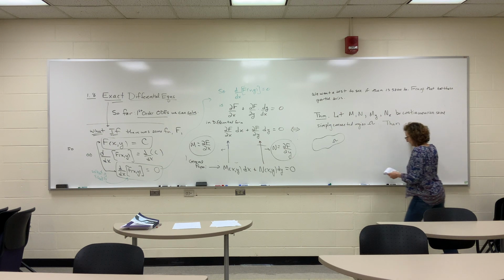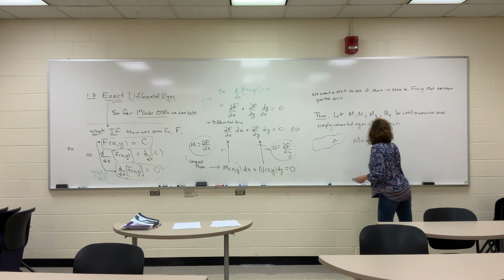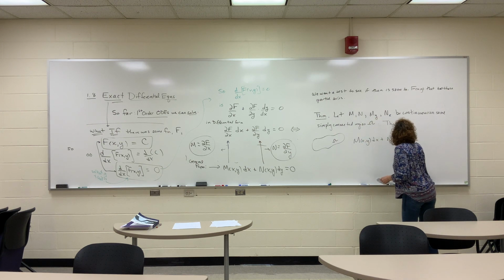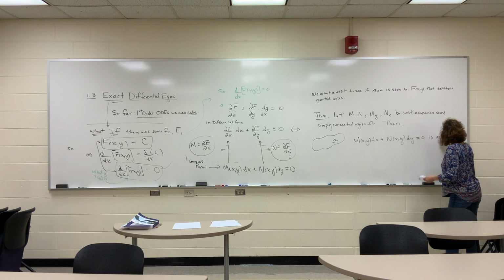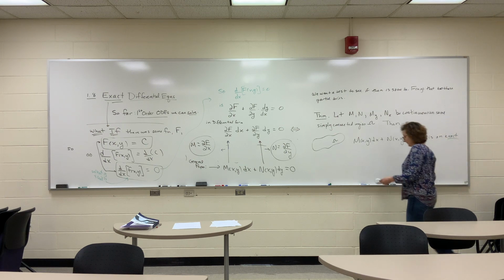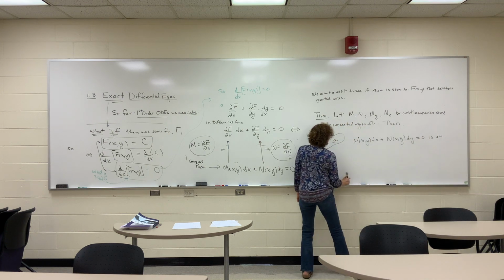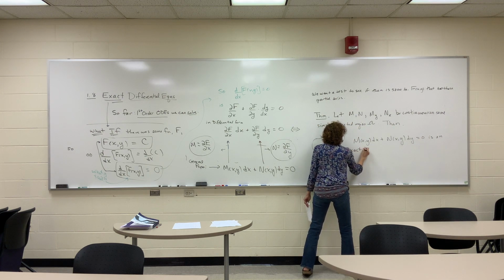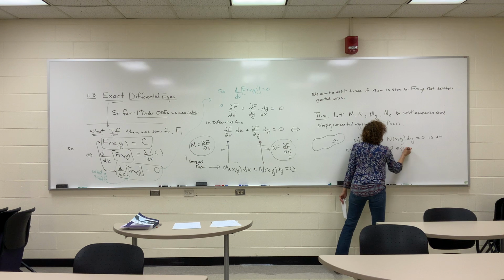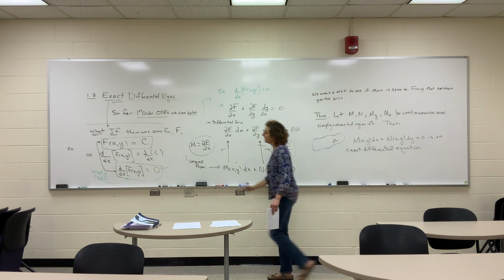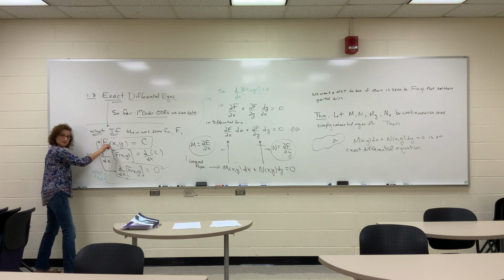Then our m of x and y dx plus n of x and y dy equals 0 is an exact differential equation. It's exact. It can be written like this, and therefore has this as a solution.